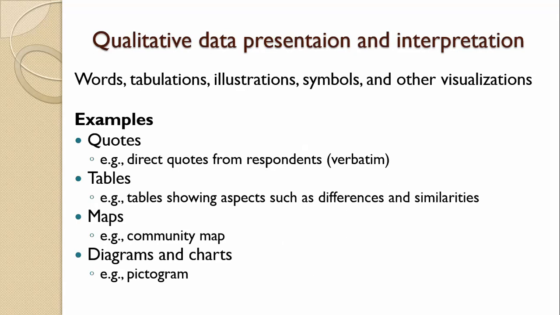You could present tables showing aspects such as differences or similarities. You could use maps such as community maps, or historical timelines, and so on. You could use charts and diagrams such as pictograms and so on.